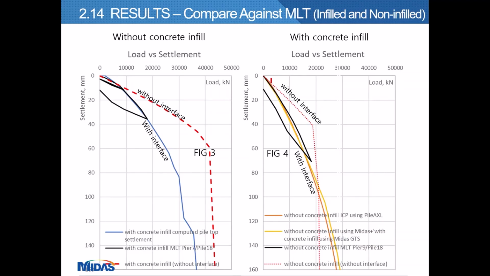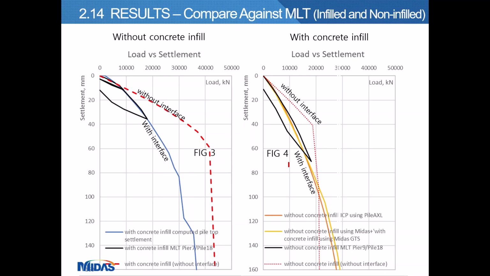And now we look at what happens if we disregard the interface in the modeling. The load settlement curve for the analysis without using the interface element is represented by the dotted red line for the steel pipe pile with and without concrete infill in figure 3 and figure 4 respectively.